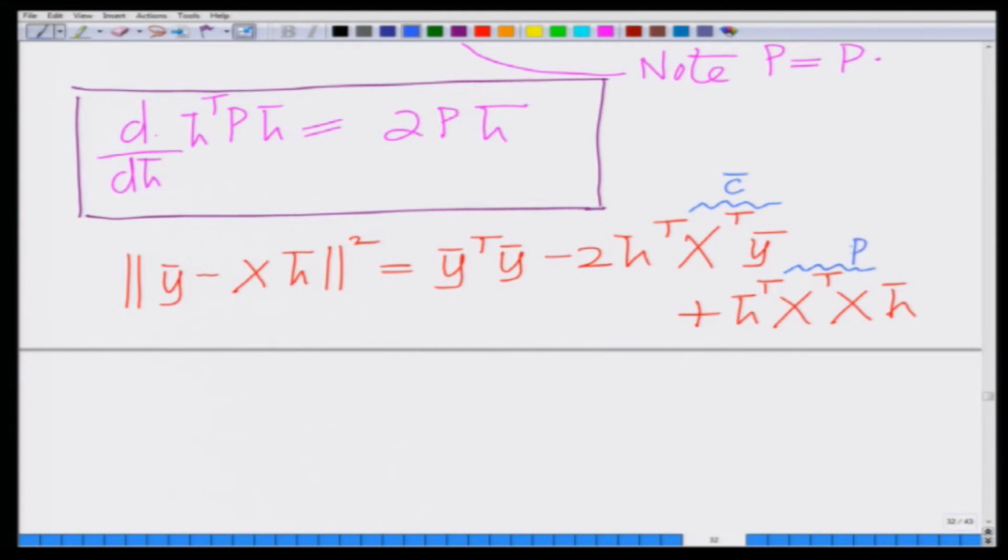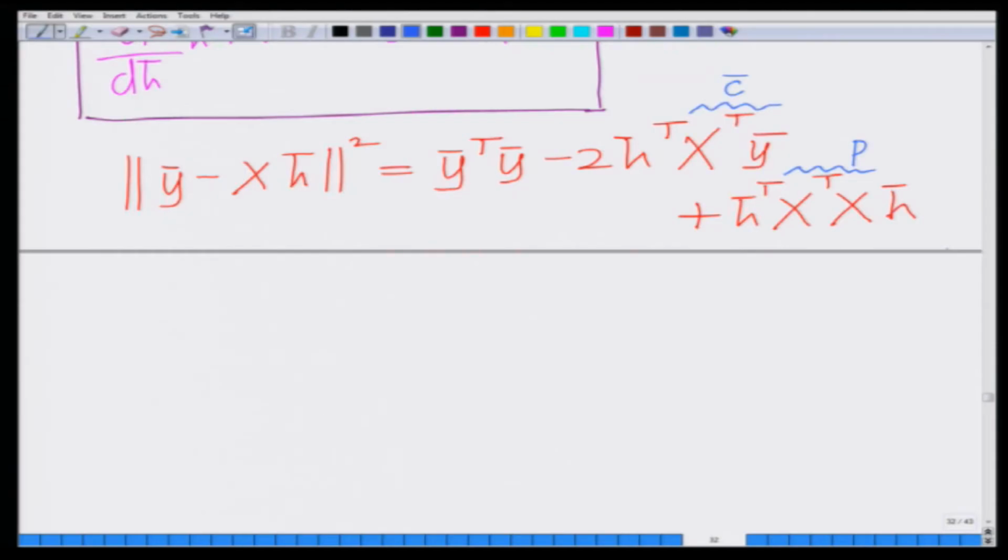So, if this is P, therefore, if you treat this as your function H bar, remember this is the function we are interested in differentiating.